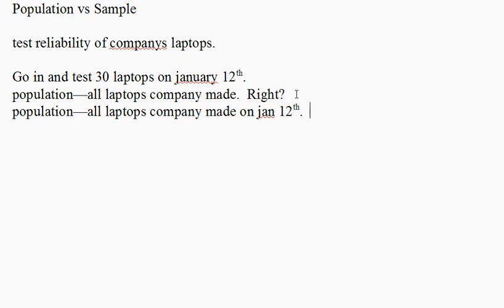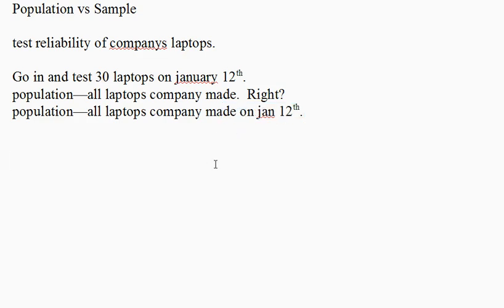If I really want to know the standards of all laptops the company made, then I would have to go back on several different random days and each day take some random laptops and test them, and then I could take all of that data and get an idea of all the laptops the company made. But if I only go one day, my population has to be restricted to that day.